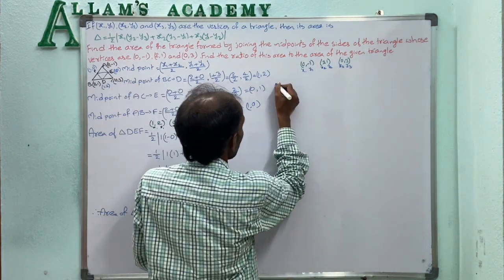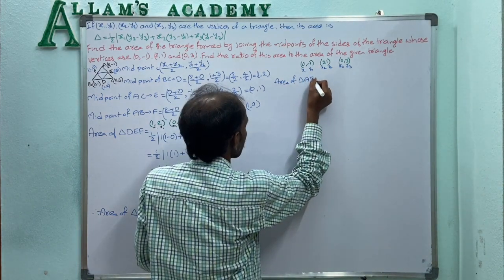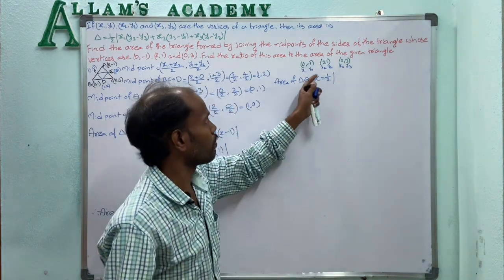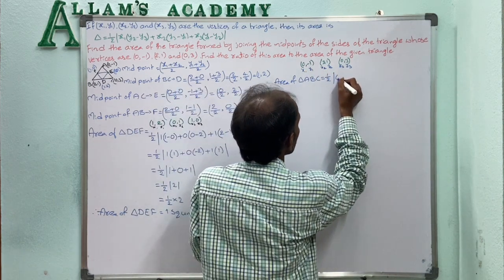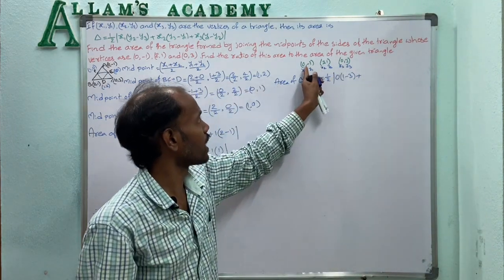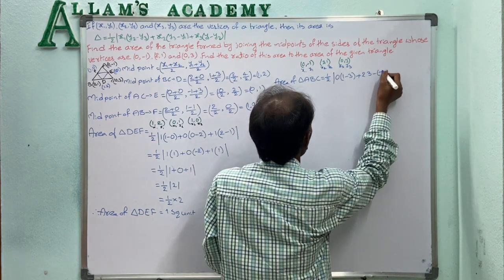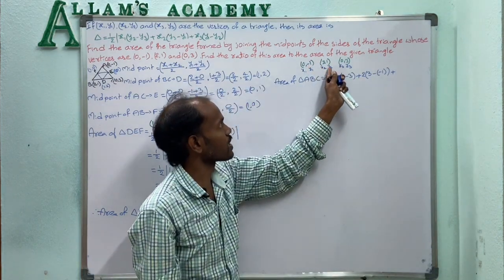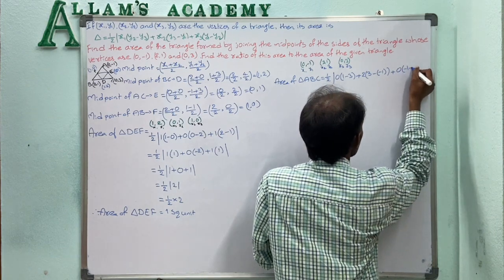Then the area of triangle ABC is half mod of x1 into (y2 minus y3), that means 0 into (1 minus 3), plus x2 into (y3 minus y1), so 2 into (3 minus (-1)), plus x3 into (y1 minus y2), 0 into (-1 minus 1).